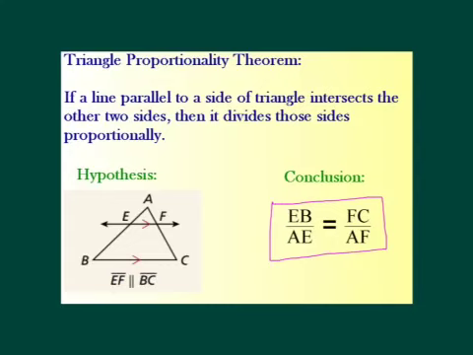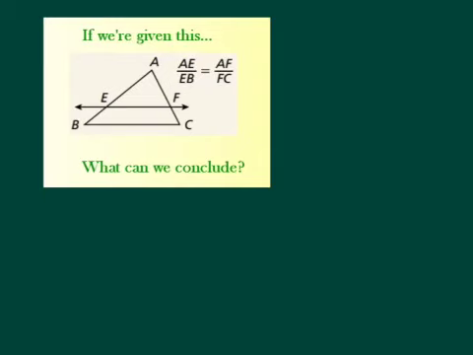So that is the triangle proportionality theorem. So let's go ahead and look at a picture. What we're told is that line EF is dividing side AB and side AC proportionally. That's where we're getting this proportion right here. And so what that means, what we just discussed, is that triangle AEF is similar to triangle ABC.